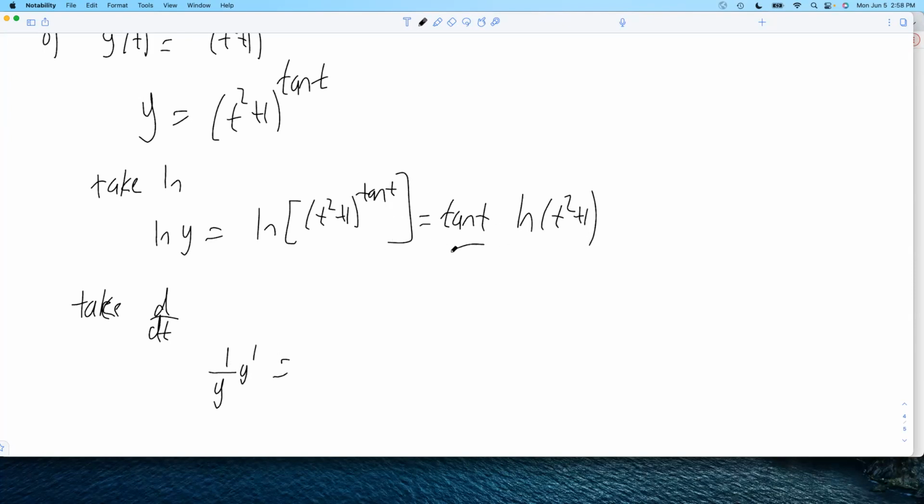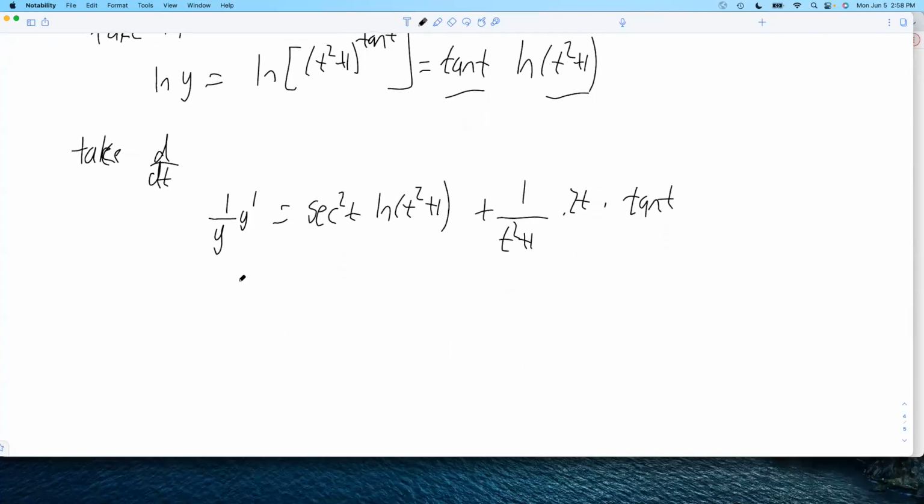Derivative here, I've got two functions. I have to use product rule. Derivative of tangent is secant squared of my input, times leaves the second guy alone, plus derivative of log of anything is 1 over that thing, times the derivative of whatever was inside. Derivative of t squared plus 1 is just 2t, times the first guy. This is product rule.